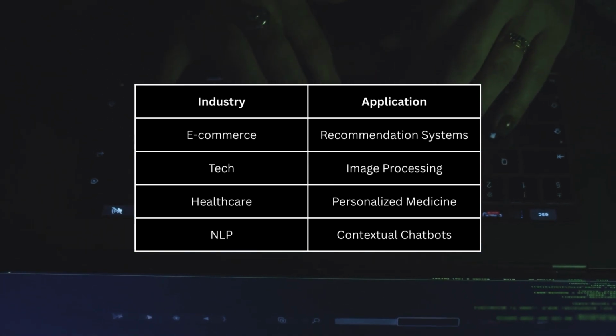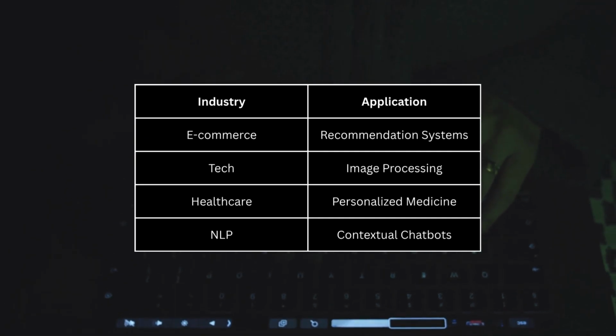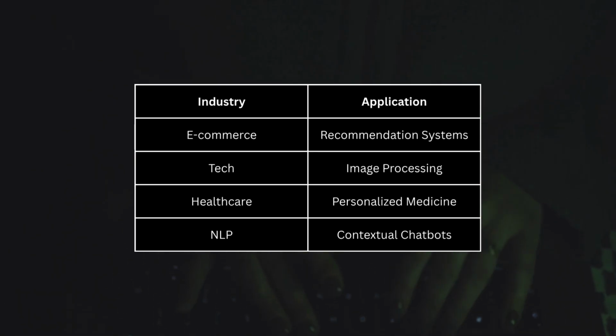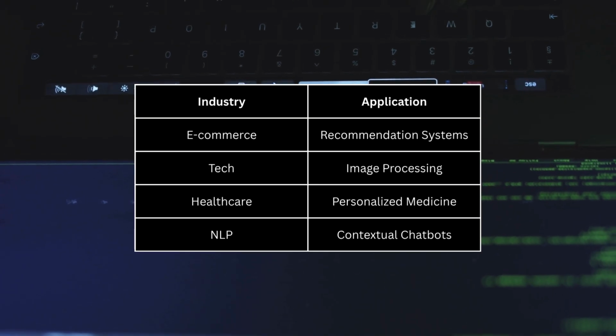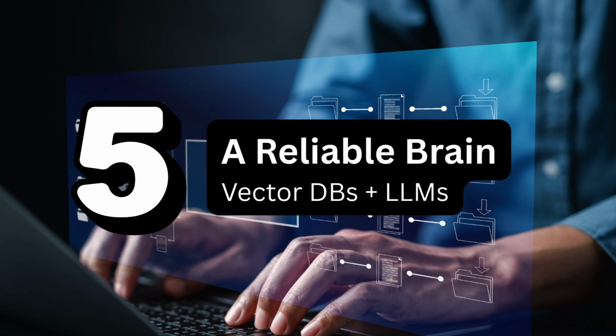Or how about when you search your photos for beach and it finds pictures of sand and waves, even if you never tagged them? Yep, that's vector search matching visual patterns. It's even starting to change healthcare, helping doctors find patients with similar medical profiles to create personalized treatments. And of course, it's the beating heart of modern chatbots, letting them understand what you mean, not just what you type.